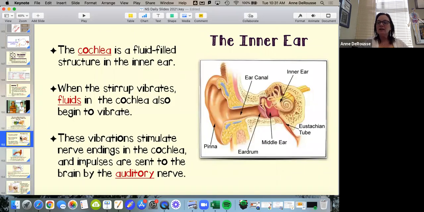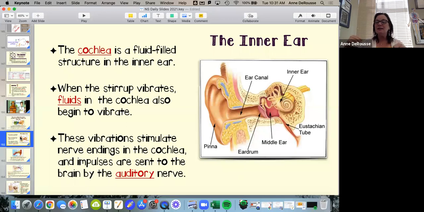It's the cochlea that has the receptors. So it's got fluid in it. And when the stirrup, you can see on this picture where these 3 bones are, when it vibrates, the fluid also begins to vibrate.